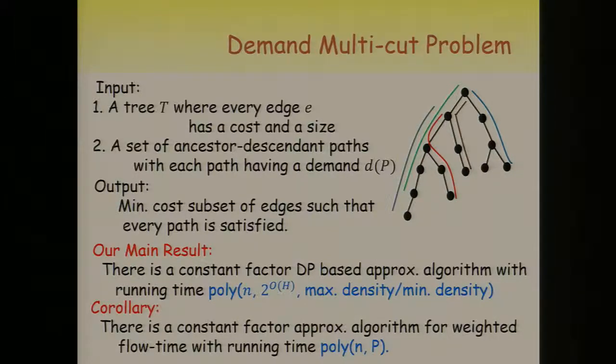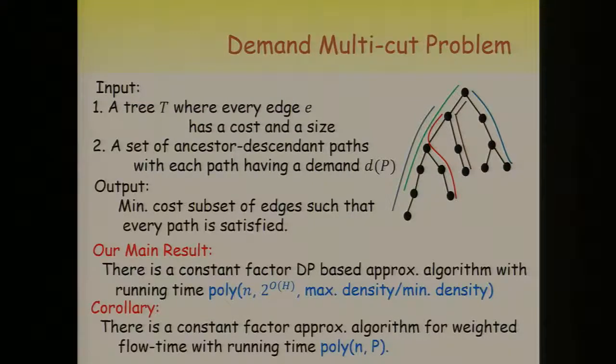Okay, so I have 2-3 minutes. Let me just say what is known about one special case. Even the case when this tree is a line is a non-trivial problem. Let's say the problem was the following: I give you a line, every edge has a size, and I give you a bunch of paths in this line.